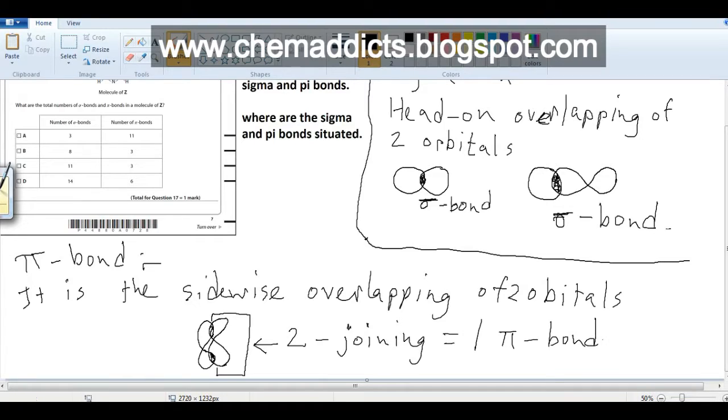Okay, keep this in mind. Most of the students make this mistake. So two joining is equivalent to one pi bond, and one joining is equal to one sigma bond. Okay, I hope that you have understood.